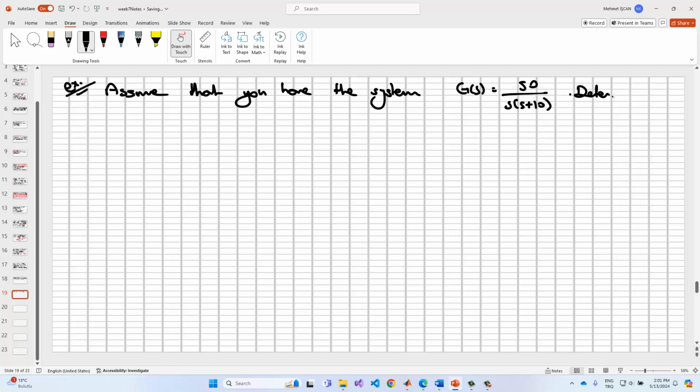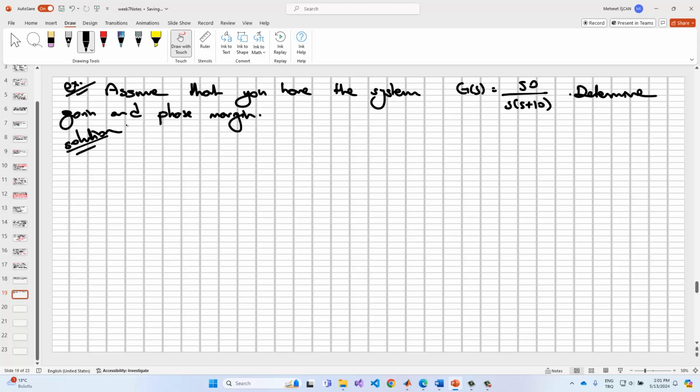And so determine the gain and phase margin, right? So the solution can be written as this kind of information. How can we calculate it manually? By using this G(s) to determine the gain and the phase margin.